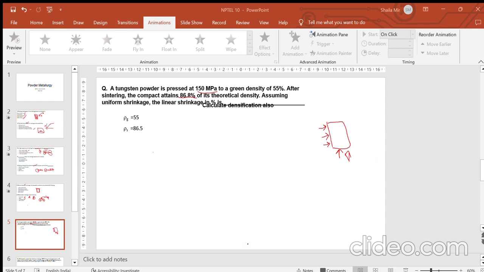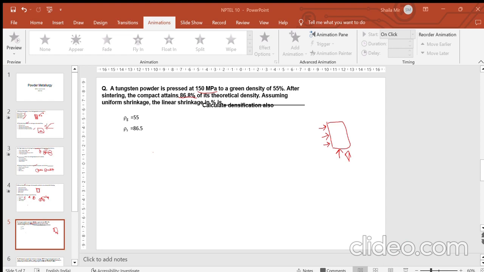Now you can say what is 55 divided by 86.8. This is 0.633 raised to power 1 by 3 is equal to 1 minus delta L by L.